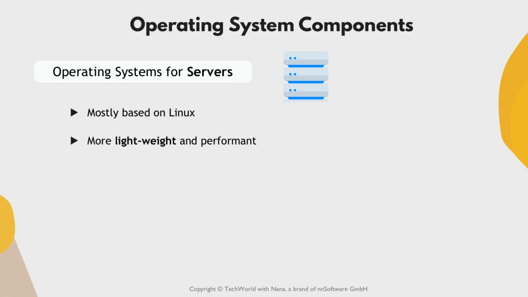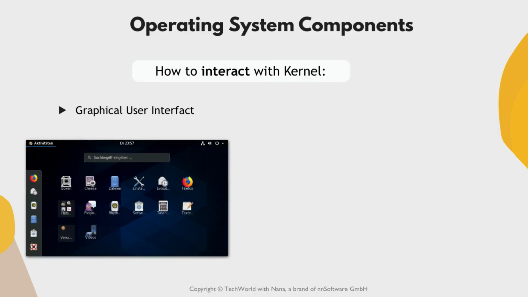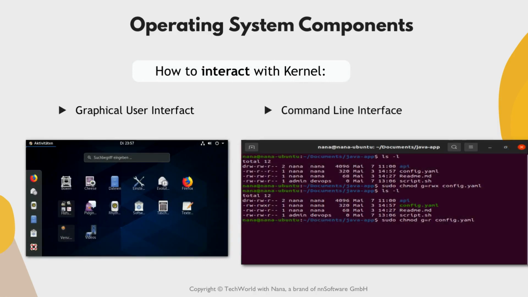For example, server operating system distributions usually do not have a graphical user interface or other user applications like browsers or players, etc. You just have a command line interface to interact with the machine. So the graphical user interface or command line interface of the application layer is used to interact with the kernel, which means the kernel can't be accessible or can't be used without the operating system's user layer.